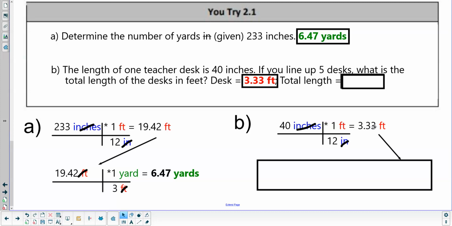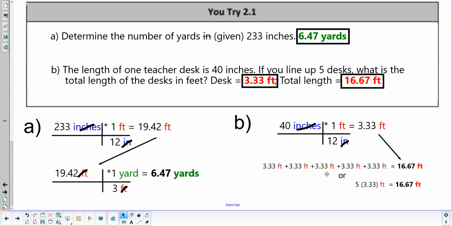So it's 3.333 repeating for one desk. And since I have 5 to line up, you can just multiply that times 5, or you can add 3.33 5 times. And I just left the number in my calculator and let it show the decimal instead of rounding it off. Let the calculator keep that long number in.